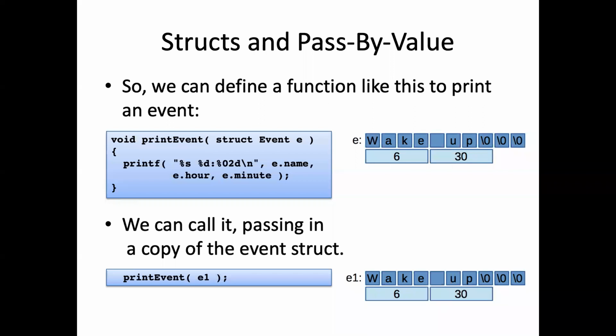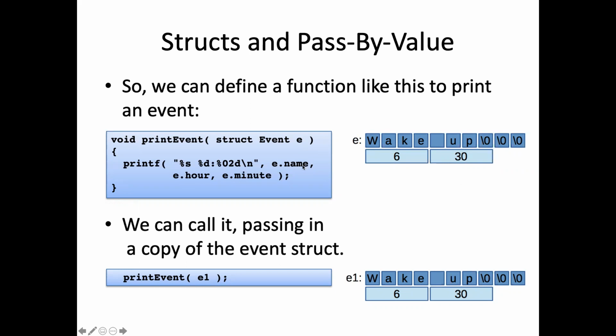Since structs support value semantics, if you've got a function that takes a struct as a parameter, you can call the function and you can give it a struct, like let's say I've got an event E1. In the caller, well, that would mean I have a struct and it's got some fields in it. If I make a function that takes that struct as a parameter, and if you don't say otherwise, when you call that function, it gets a whole copy of your struct.